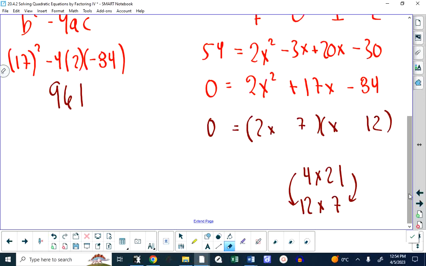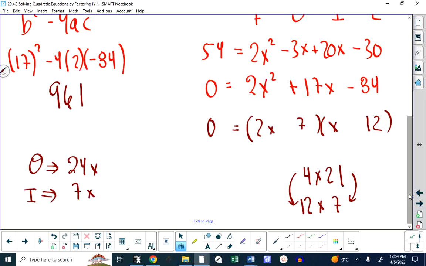Because my outer will be 24x. This is my outer. My inner is 7x. And if I make that 24x positive and the 7x negative, then they will add to give positive 17, which is what I'm after.